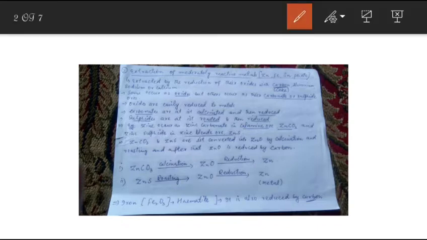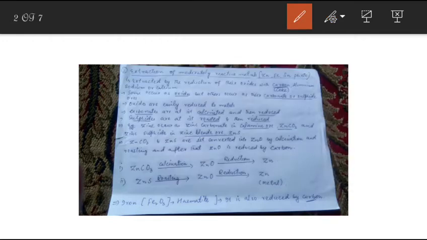It is easy to obtain metals from their oxides by using a reducing agent, but these moderately reactive metals are present in the form of two types of ores. First one is carbonate and second one is sulfide. As we know, oxides are easily reduced to metals, but when the ores are present as carbonates or sulfides, two processes are used for their extraction: first calcination and second roasting.